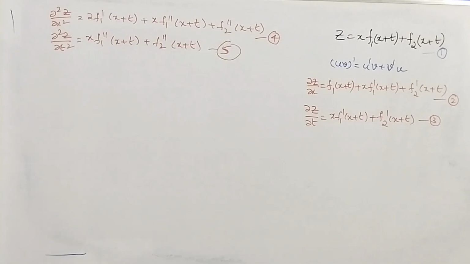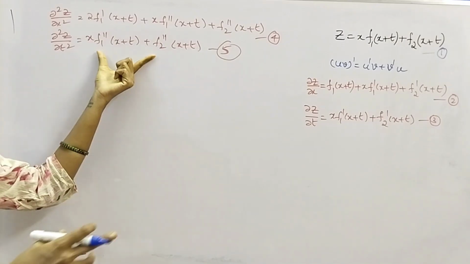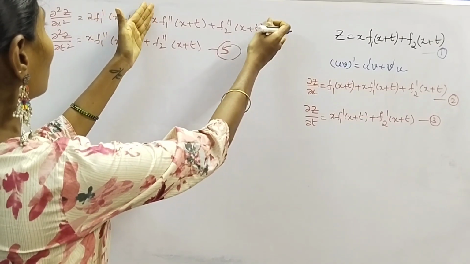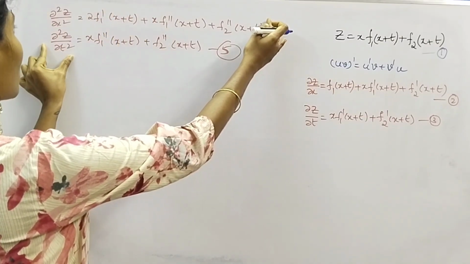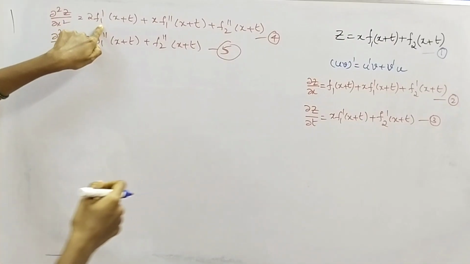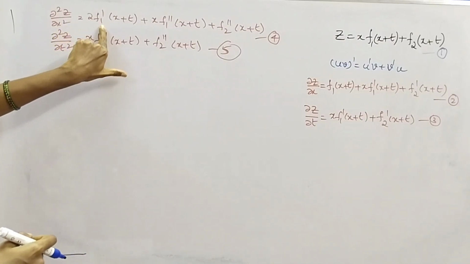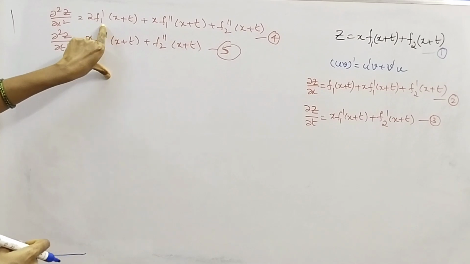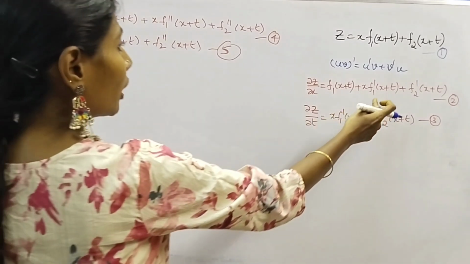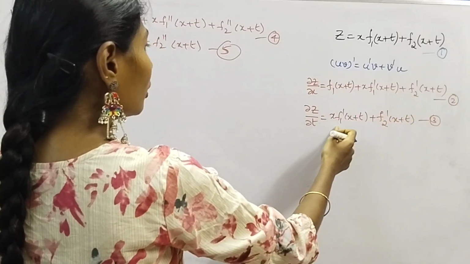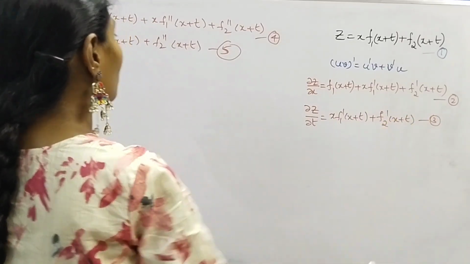Okay, why I'm saying is, just observe here you're having x f1 double prime and f2 double prime, right? This part can be replaced by ∂²z/∂t², but f1 prime remains, right? You just need some value for f1 prime also. Okay, if you want, you can find from this, but here you're having f1 and f2 prime, and here you're having f1 prime and f2 prime.